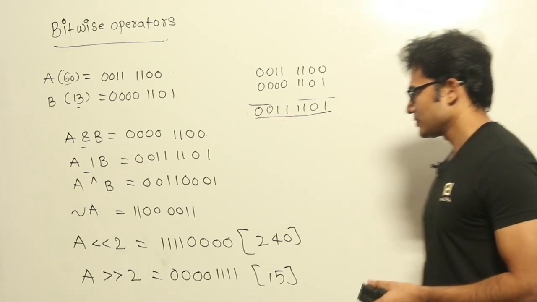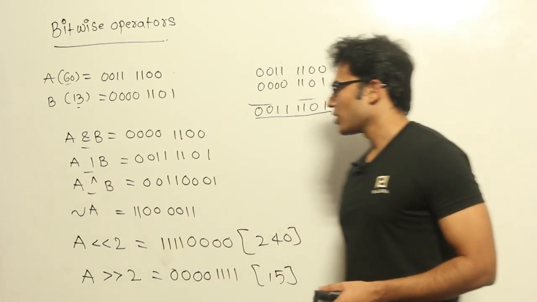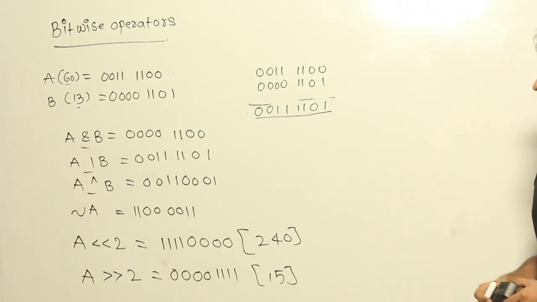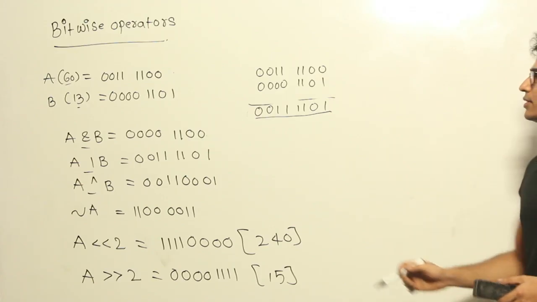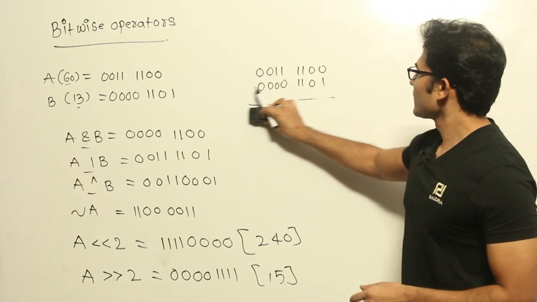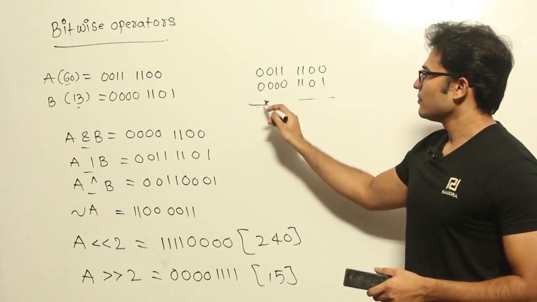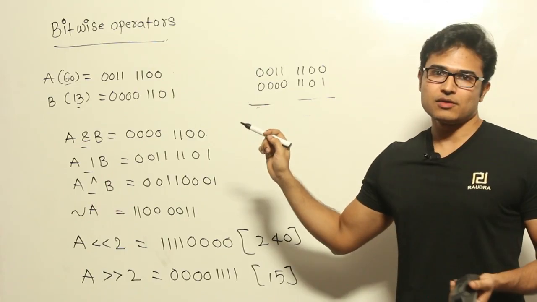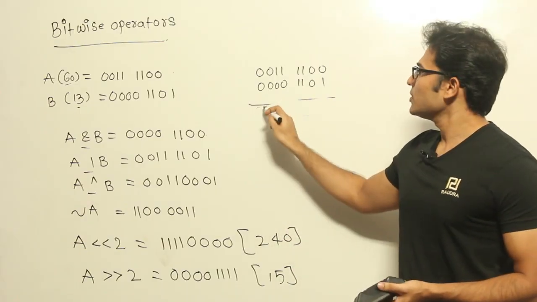And the next one is exclusive OR. Exclusive OR is, I take 2 bits, add them, and take the remainder when I divide by 2. So 0 and 0, if I add, it is 0, and the remainder when I divide by 2 is 0 itself.